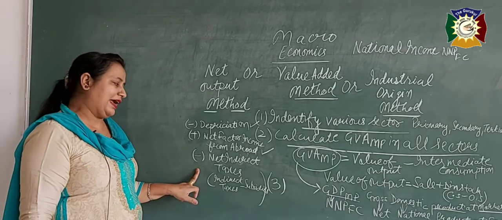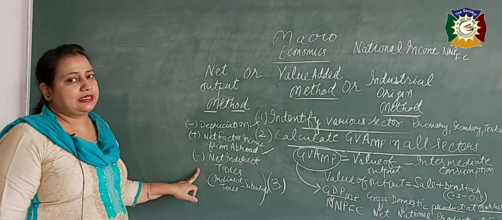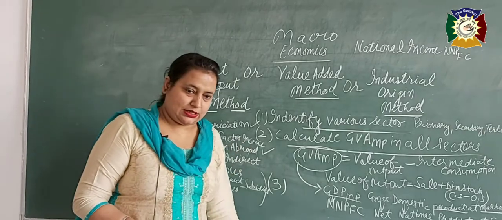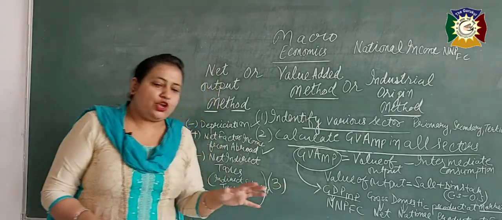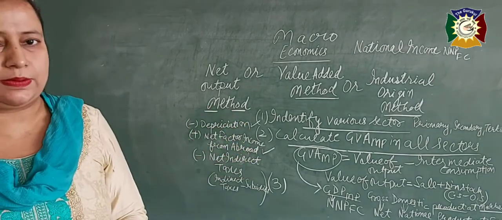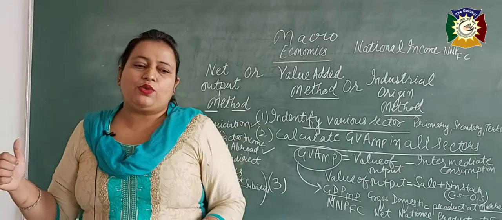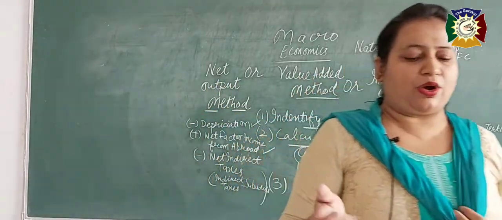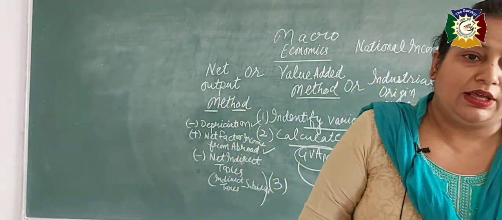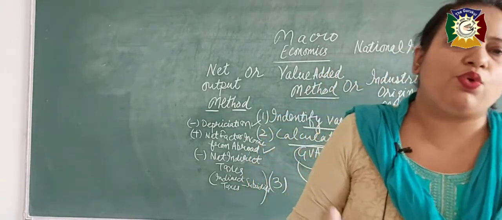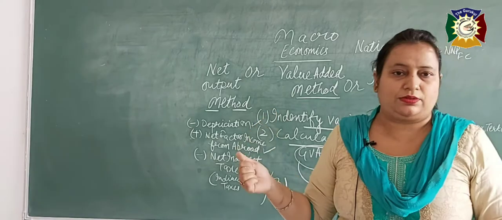The formula to find net indirect taxes: indirect taxes minus subsidies. Okay beta, I am giving you the example of one practical question on this. But firstly I am going to tell the precautions of these methods, because some precautions you have to keep in mind if you are going to solve this question.